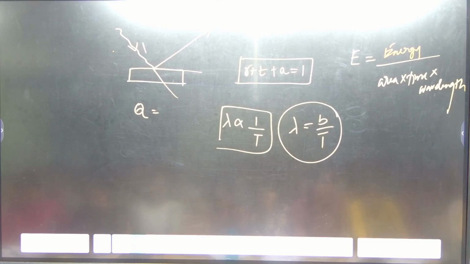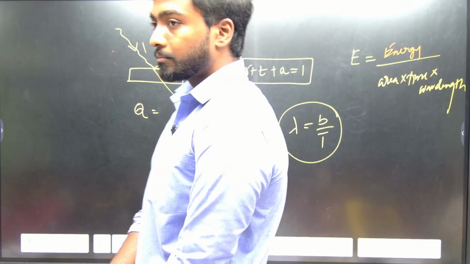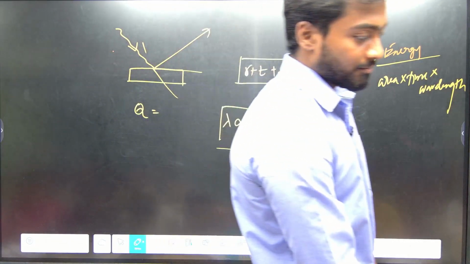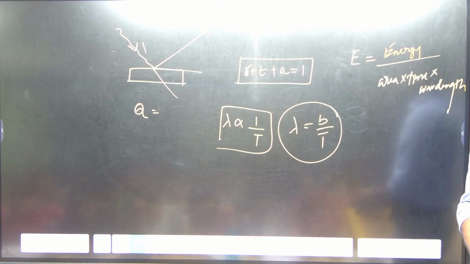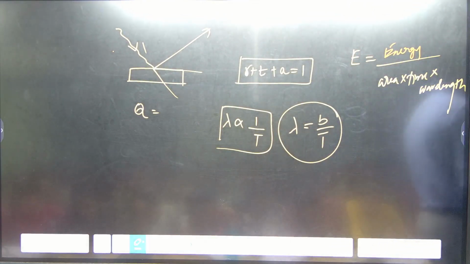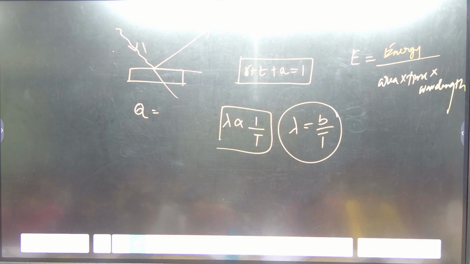Next subheading: Stefan's formula. In this first point, it talks about emissive power and temperature.